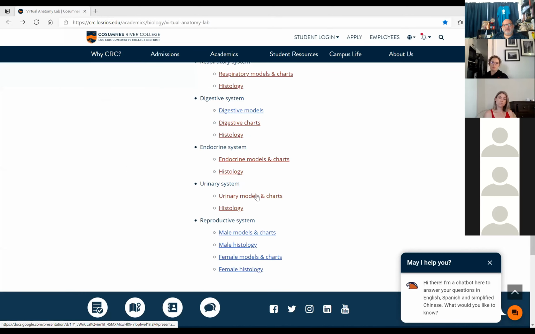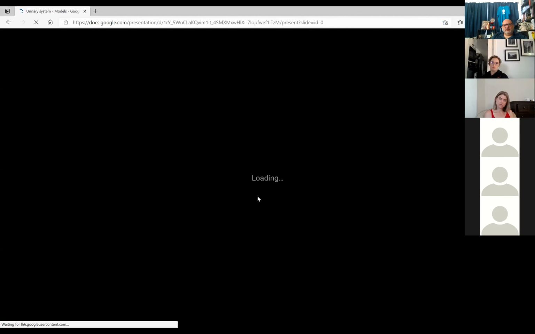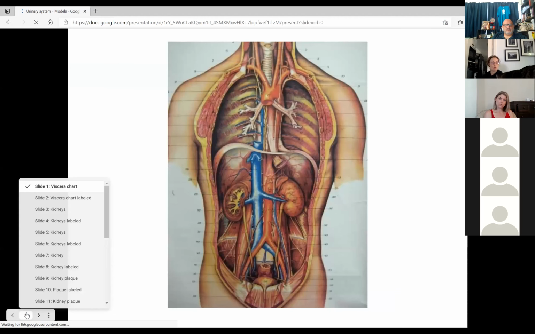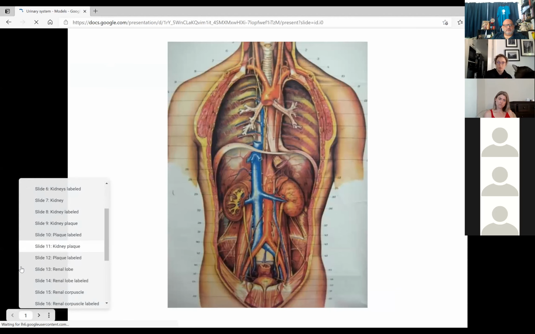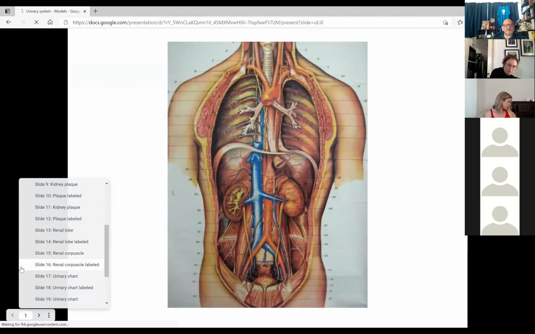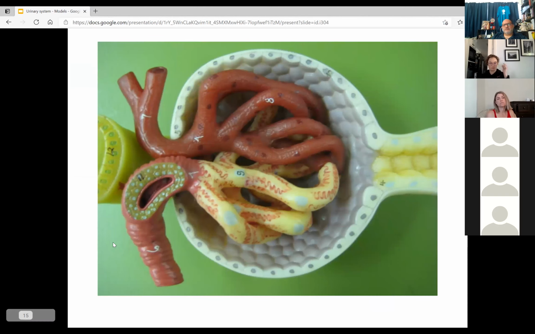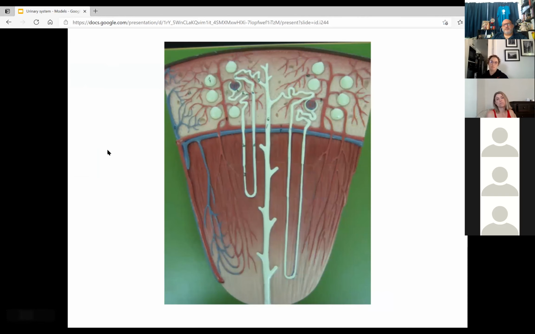For the histological responsibility for those things, I'm much more likely, and again, if we go back to our virtual anatomy lab for Cosumnes River College, urinary models and charts. Nah, this one's better.